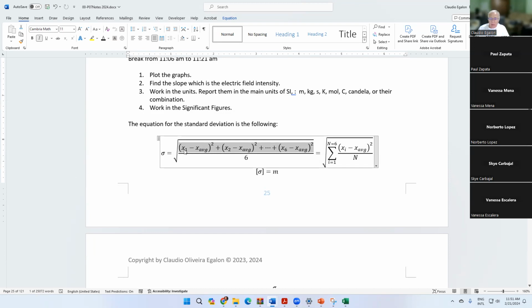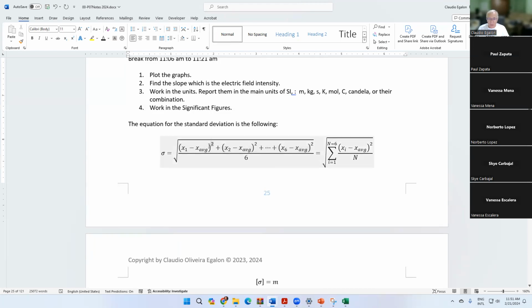In this case, it's the first X value minus the X average, squared, plus the second X value minus the average, squared, plus the last, the difference between every X value with respect to the average, squared, divided by N. Okay, that's how we define the standard deviation. See that? Summation, and then you take the square root. And now you have to do a dimensional analysis of this equation, and you tell me what's going to be the unit of sigma, the standard deviation. Okay?